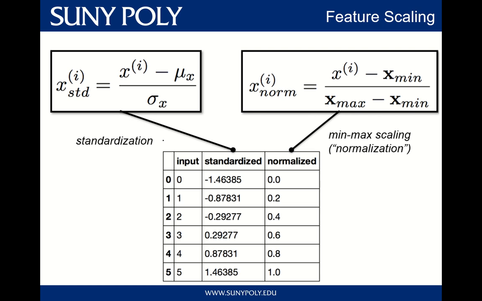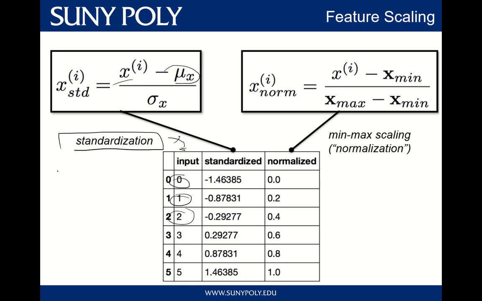So let me show you the difference between data standardization and when you normalize your data. When you standardize your data, this is related with the normal distribution. So for each column, this is your variable x, the input in this case. So xi is each observation, each value of the variable. Here we are removing from each observation the mean value of the whole column, divided by the standard deviation.